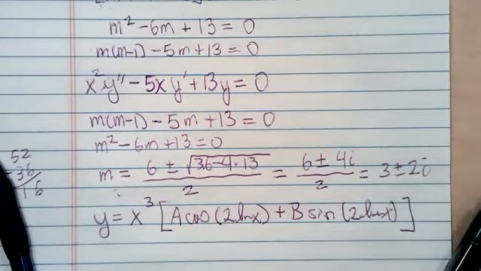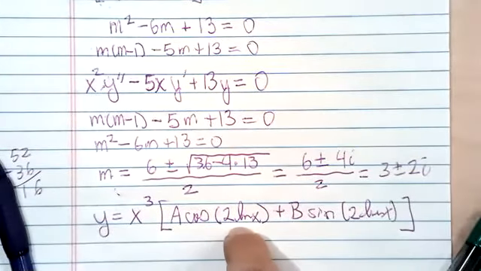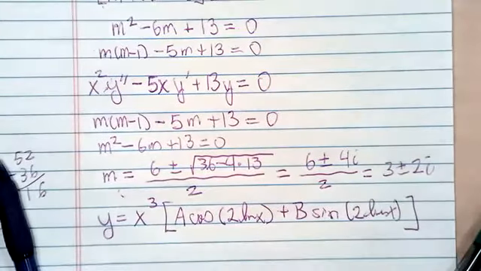So one day in a pause in the lecture, a student said, Professor, on the homework, could you show me how to solve problem number 12? And he thought about it for a moment, and he turned around and wrote on the chalkboard, x cubed a cosine 2 log x plus b sine 2 log x.